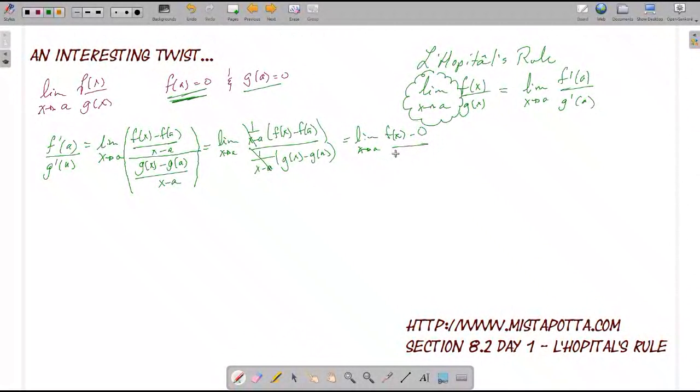And similarly, we said that g of a was also 0. So I'm left with the limit as x approaches a of f of x over g of x.